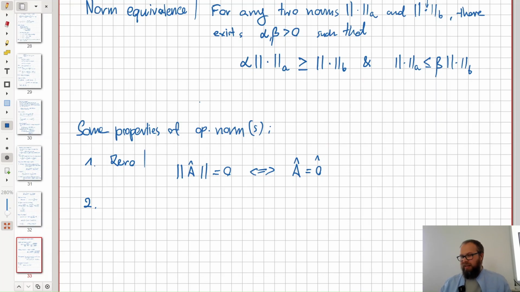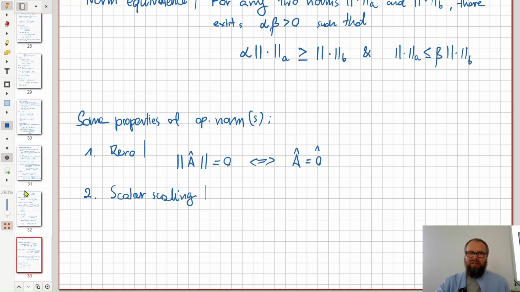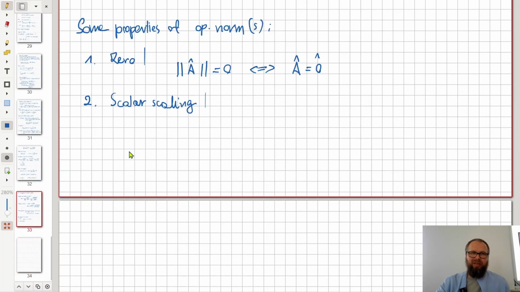Next is scalar scaling. This one is also universal for operator norms, I believe.